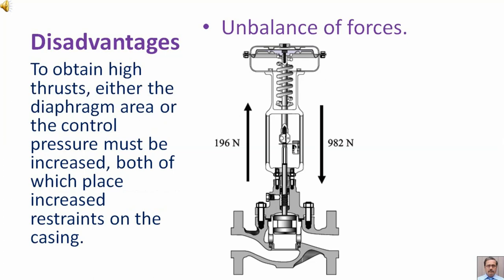To obtain high thrusts, either the diaphragm area or the control pressure must be increased, both of which place increased restraints on the casing.